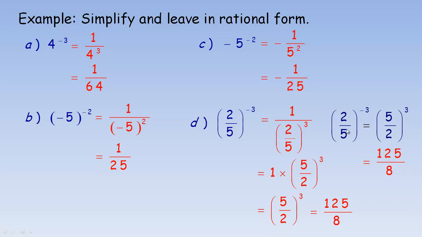So if you have a fraction raised to the power of a negative, it means the reciprocal, raised to the positive power. It will give you the same thing. So that's another way to simplify if your base is actually a rational number. And that's the end of the tutorial.